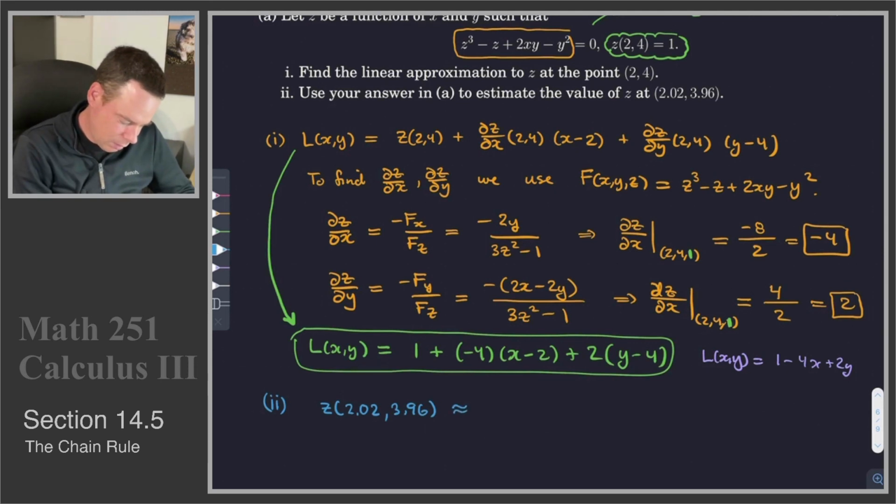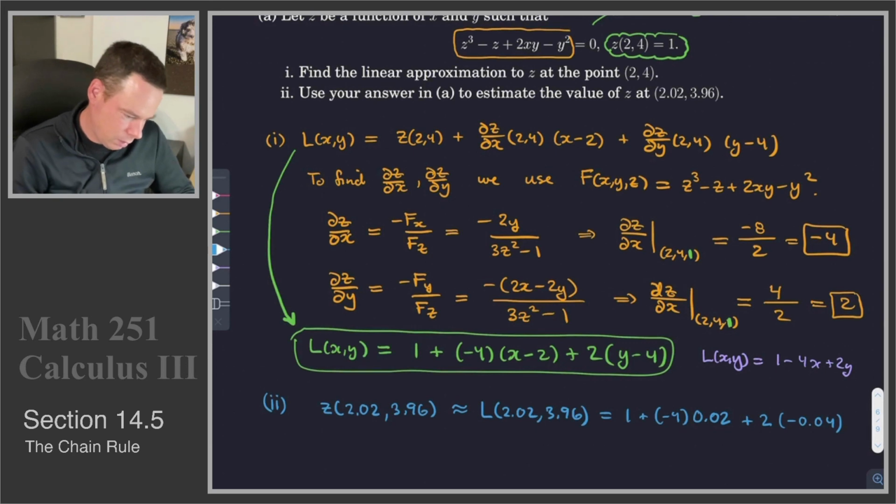That's approximately given by the linearization, 2.02, 3.96. And that is 1 plus negative 4, 2.02 minus 2, that's 0.02, sorry, 0.02. That's why I like to leave it in the x minus 2 form and y minus 4, because the next one, 2, and then y minus 4, that's 3.96 minus 4, so that's negative 0.04.